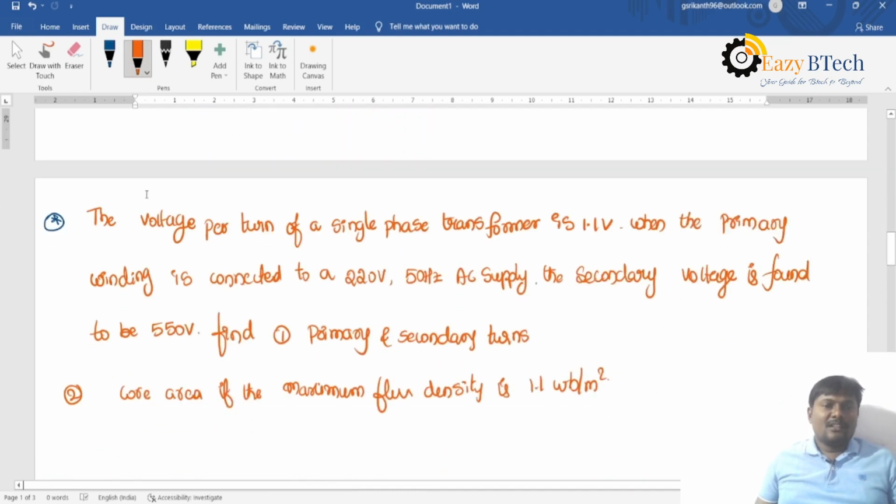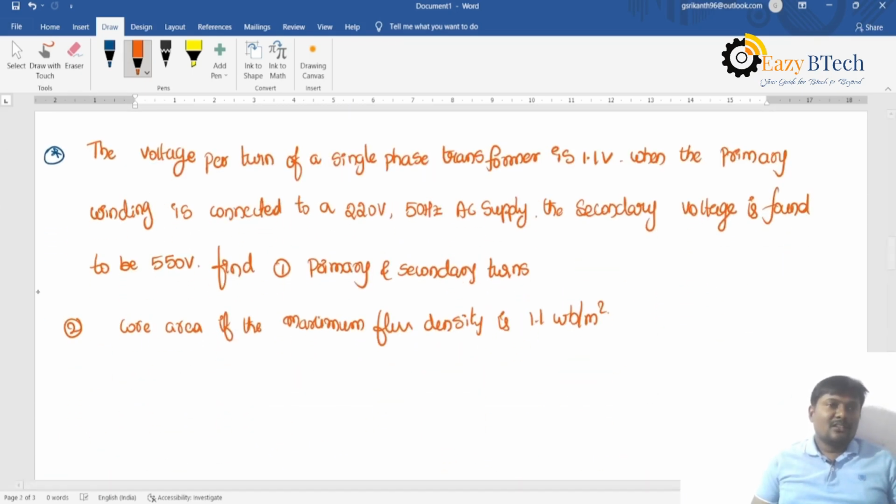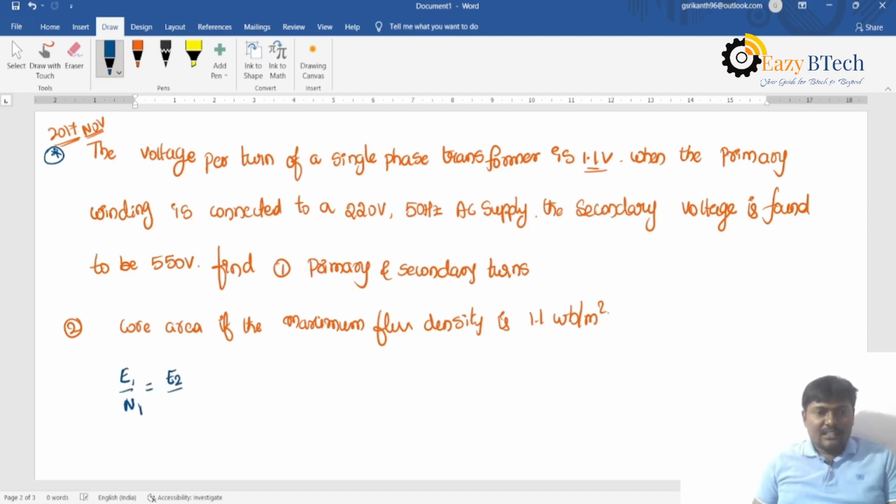And then coming to the next problem, this is also from the 2017 November question paper. The voltage per turn of a single phase transformer is 1.1 volts. So E1 by N1 is equal to E2 by N2, given as 1.1.